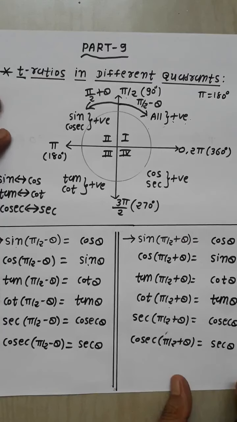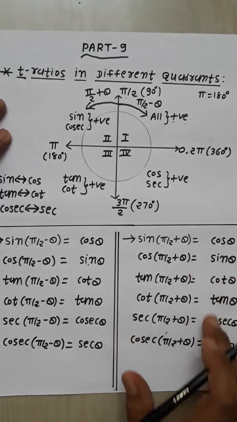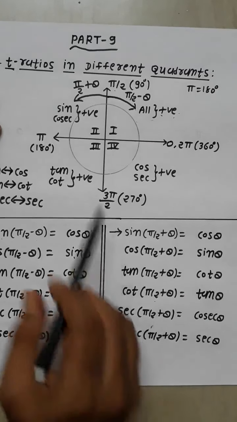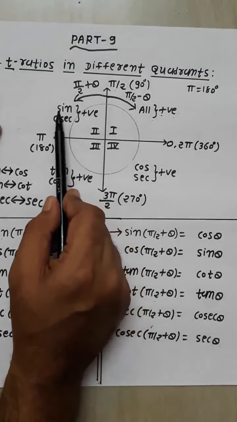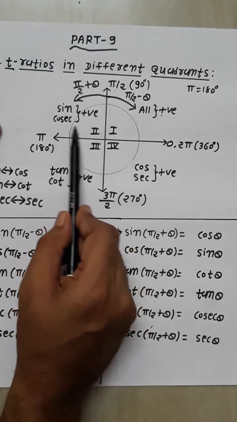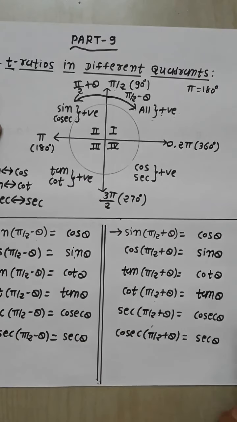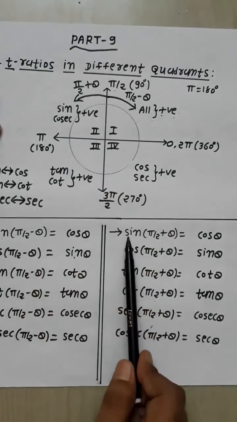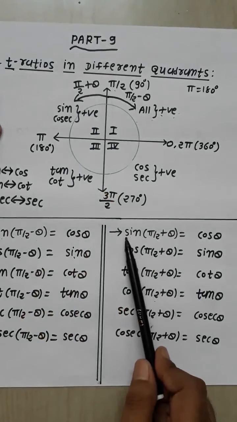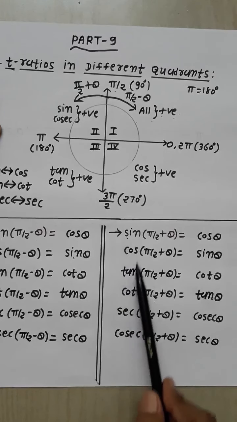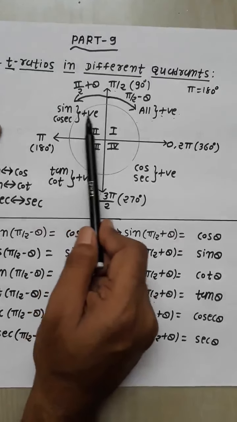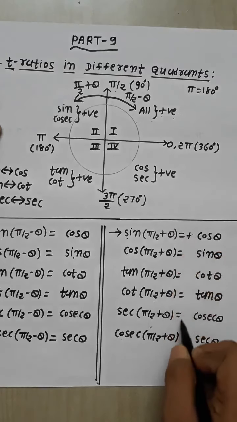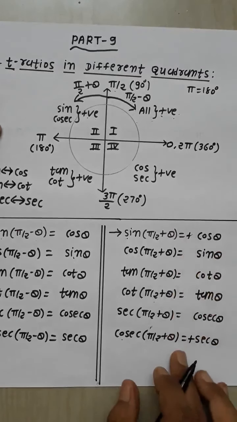Okay, now we decide which value is positive and which is negative in the second quadrant. In the second quadrant only two values are positive, sin and cosec, and the remaining four are negative. Now here sin(π/2 + θ): sin and cosec, only two values are positive, so here we apply a positive sign, and cosec is positive, right?